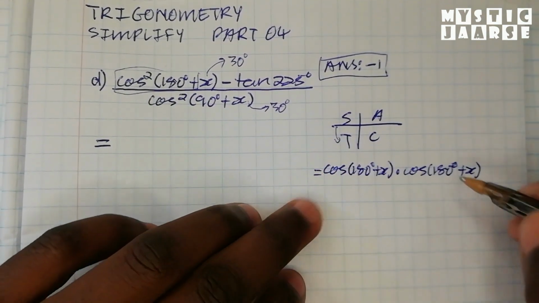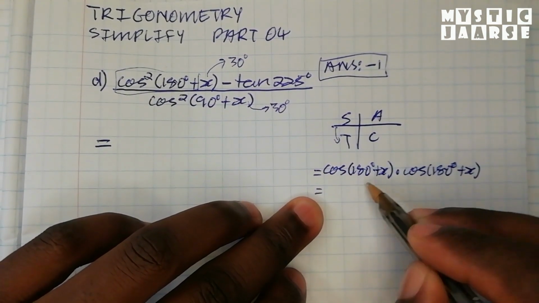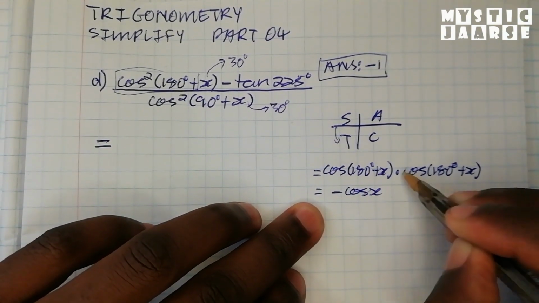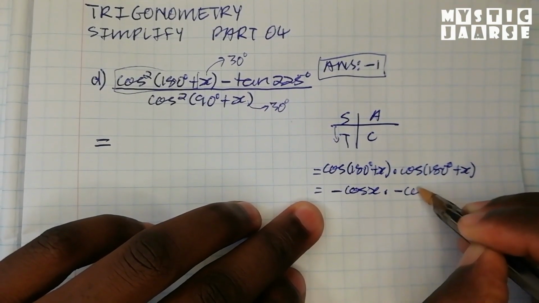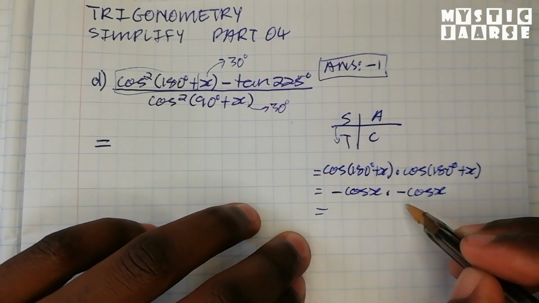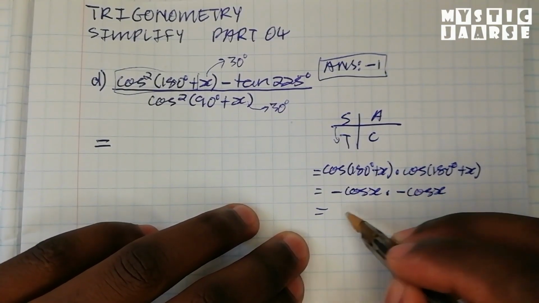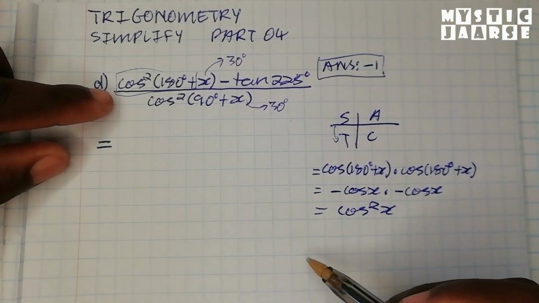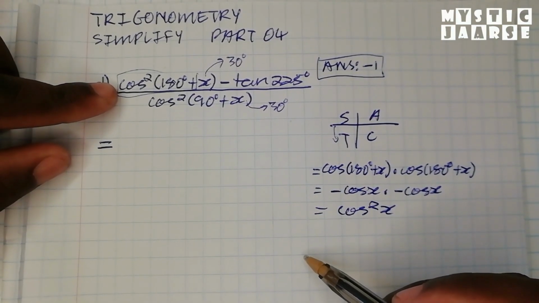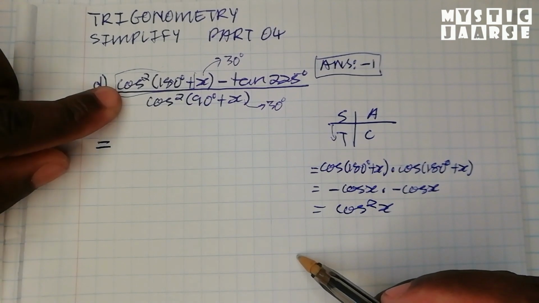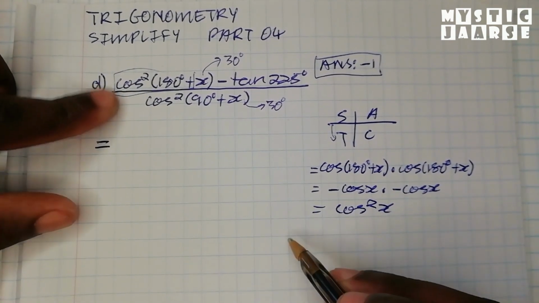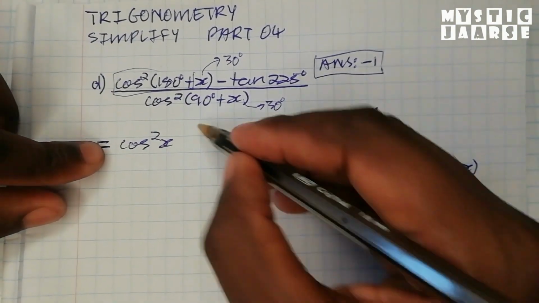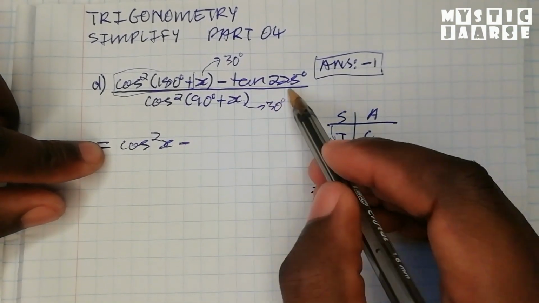You would be wrong, because here you have negative cos x multiplied by another negative cos x. When you multiply a negative by another negative, you get a positive cos squared x. So whenever you have a trig ratio that needs to be negative but it is squared, the sign stays the same. So we will be having cos squared x as our answer, minus tan of 225 degrees.